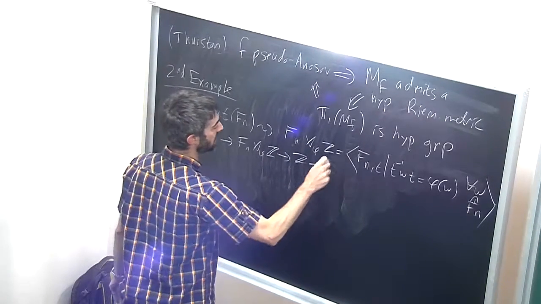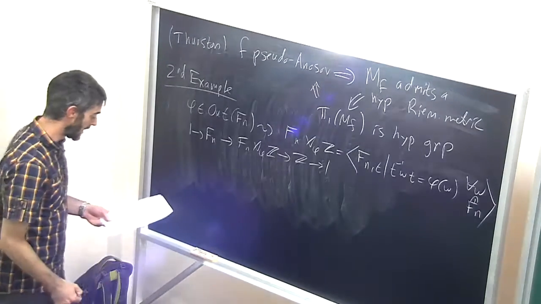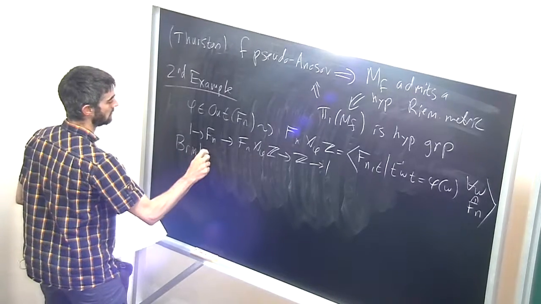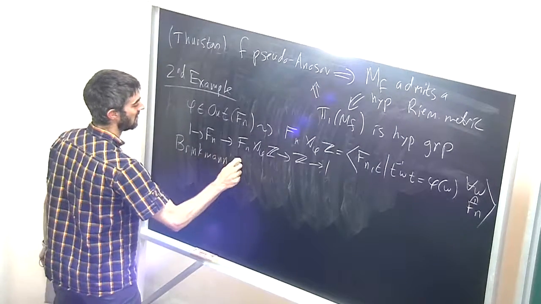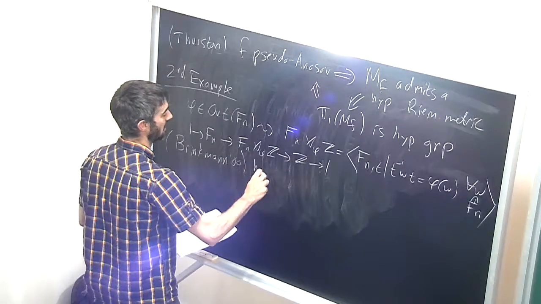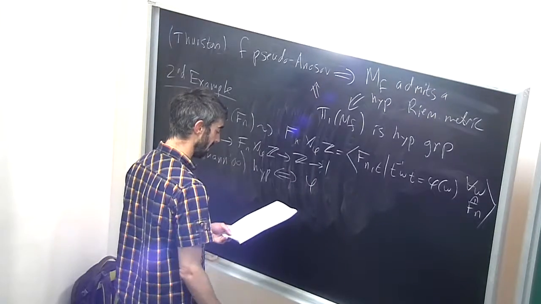So this is a group extension, and you again might wonder, here I have a hyperbolic group, when is the group in the middle hyperbolic? And Peter Brinkmann in 2000 wrote a paper that says that this is hyperbolic if and only if the element phi is atoroidal.